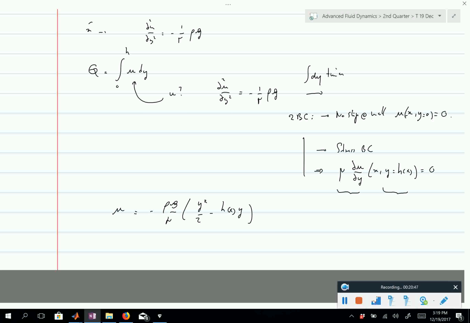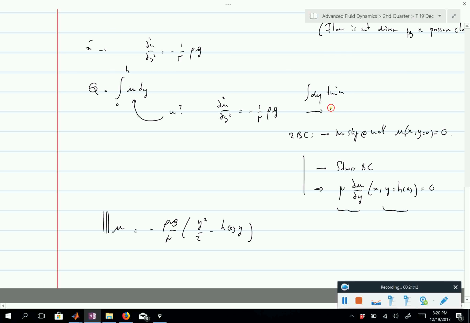Now take the derivative of this, and here you will have y, and here you have h. So at y equals h, your first derivative is going to be equal to 0. Just verify that. This indeed satisfies those two boundary conditions: the first one is no slip, and the second one is the stress boundary condition at the interface.